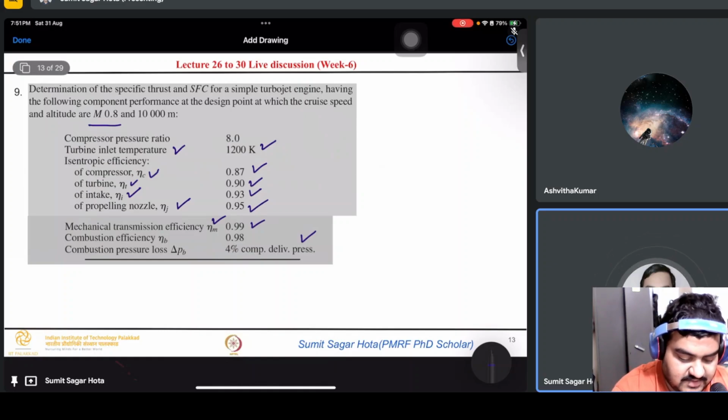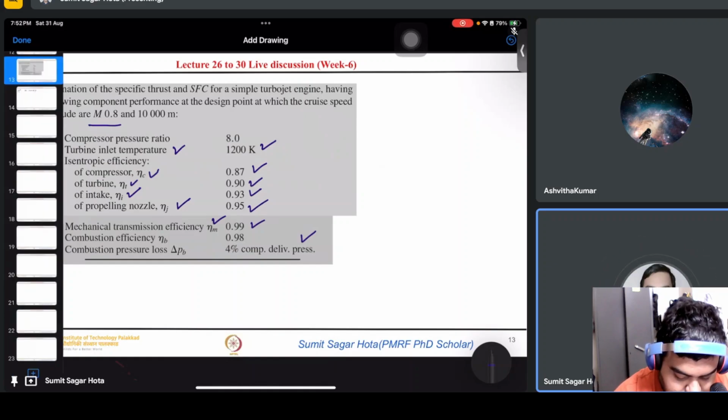After the turbine, the propelling action takes place in the nozzle. That's the reason they named it the propelling nozzle. P4 is the pressure at the inlet to the nozzle, and PC is the critical pressure, which is at the exit of the nozzle.